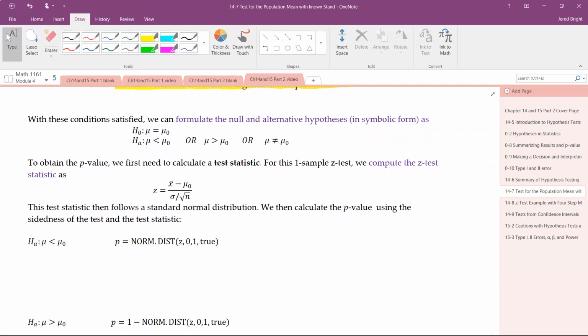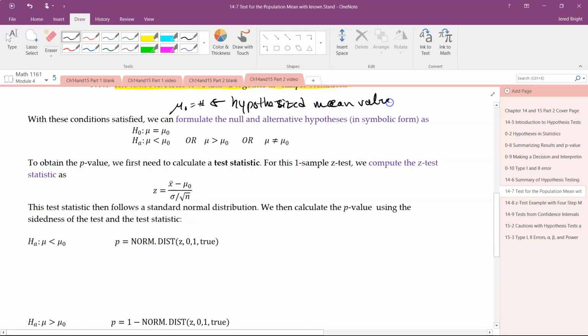Okay, and that's very much the same as what we have seen. Here I just put mu0 in as that number, so just think of mu0 as a number. I call that the hypothesized mean value.